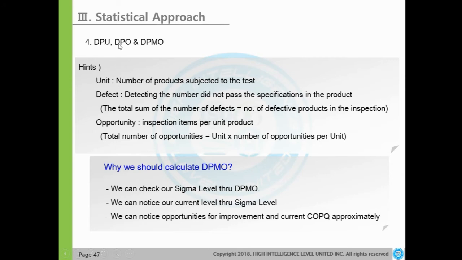Let's wrap up about DPU, DPMO, and DPO. Unit is the number of products subjected to the test. Defect is the number of items detected that did not pass the specifications in the product.